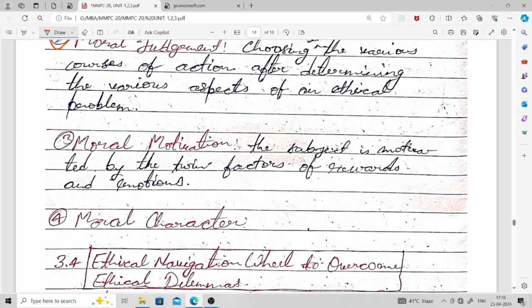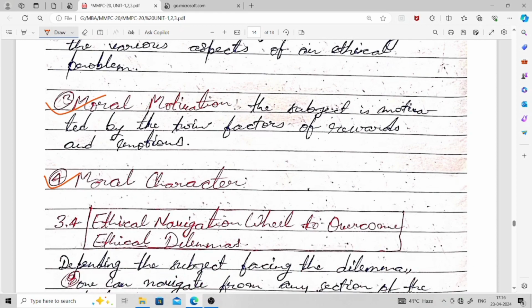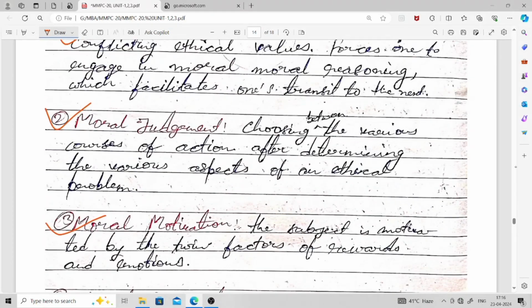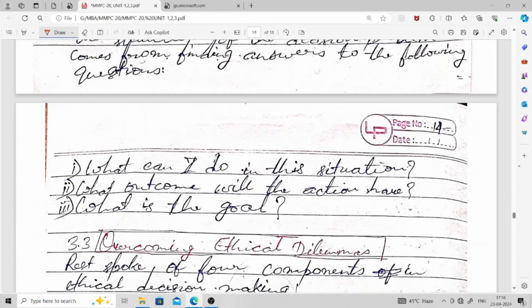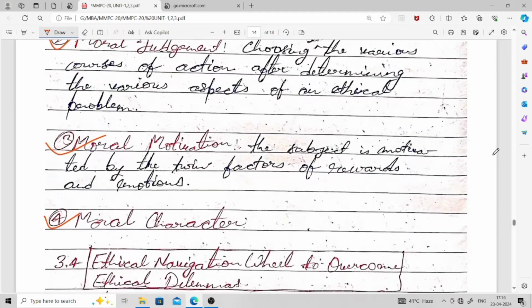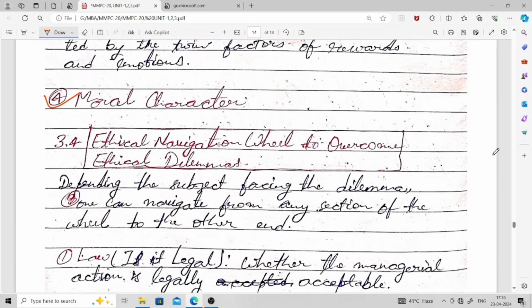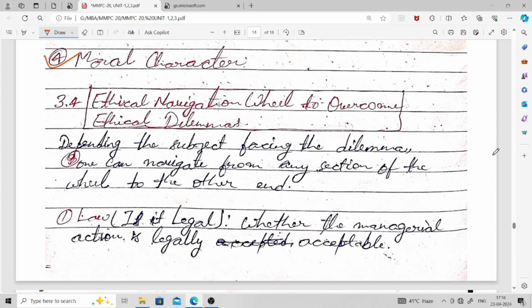Generally, people are motivated by these two factors, reward and emotion. And then you have moral character. These are the four components of ethical decision making.